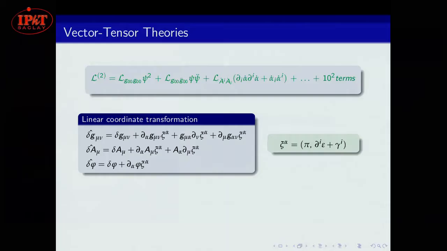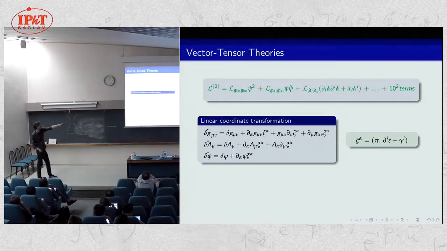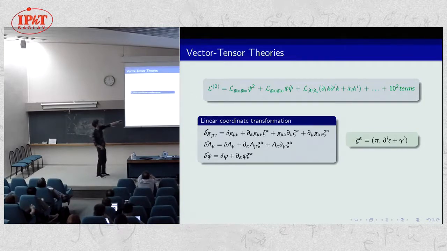So what you want to do now is gauge transform each variable of your action, where xi-alpha is my infinitesimal coordinate transformation, and I decomposed it into a time part plus another scalar, the derivative of epsilon, plus a vector. And you gauge transform all of these perturbations.